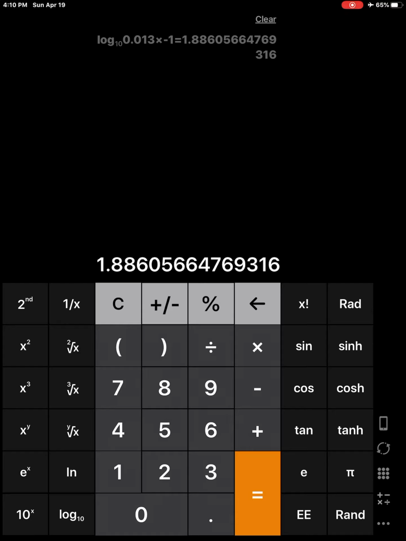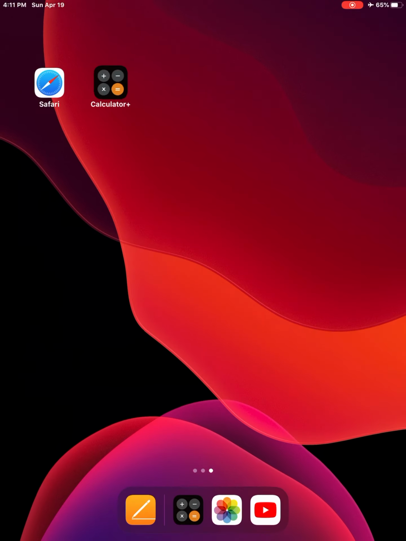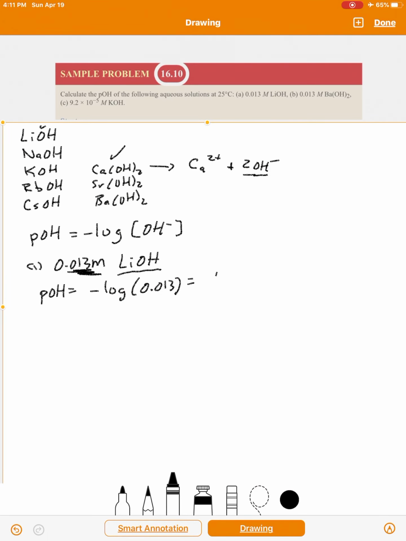We're going to round that up to a 9 because we only need 2 significant figures, so 8, but the number following the 8 is a 5 or greater, so we'll round it up to 1.89. There's our pOH. The pOH is a measure of hydroxide concentration, and just like pH, as the concentration of hydroxide increases, the pOH decreases. So the lower the pOH, the higher the concentration of hydroxide.